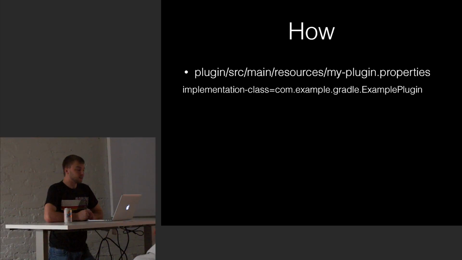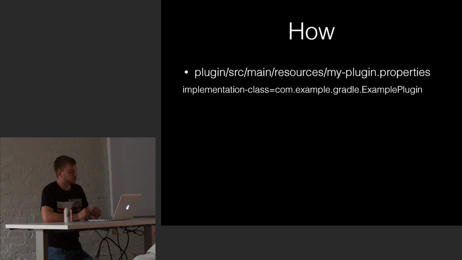The other key thing to the Gradle plugin is registering it. When you do that, you have to specify something in this file here. The file would be this myplugin.properties, and inside there you just give the class as a fully qualified type, and it uses reflection to instantiate that and go through the normal pipeline of that.